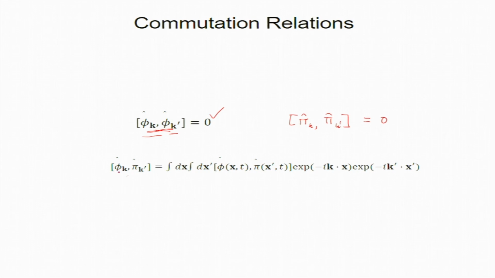So, phi k here I write as phi hat x t e to the power plus, right, did I make a mistake? No, sorry, minus, from x to k is minus. So, this guy and the integral gives you phi hat k. Okay. Now, this one and this one gives you pi k prime hat.